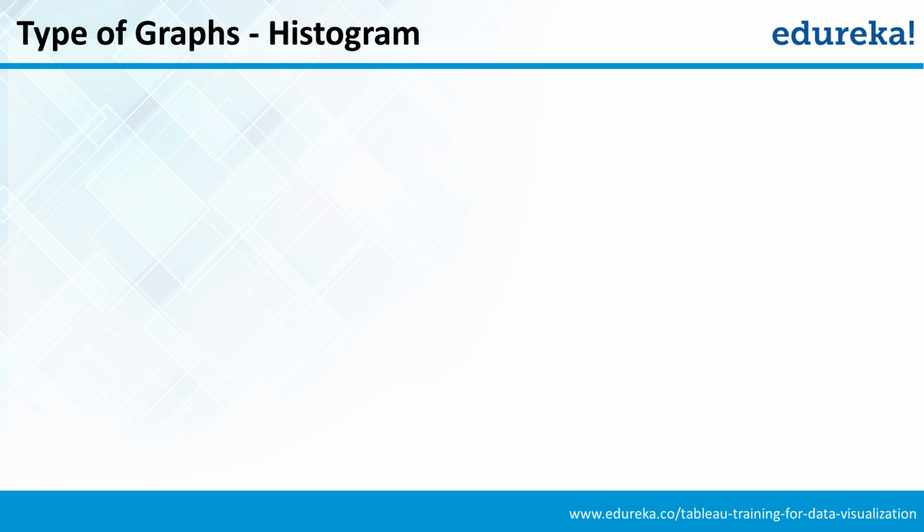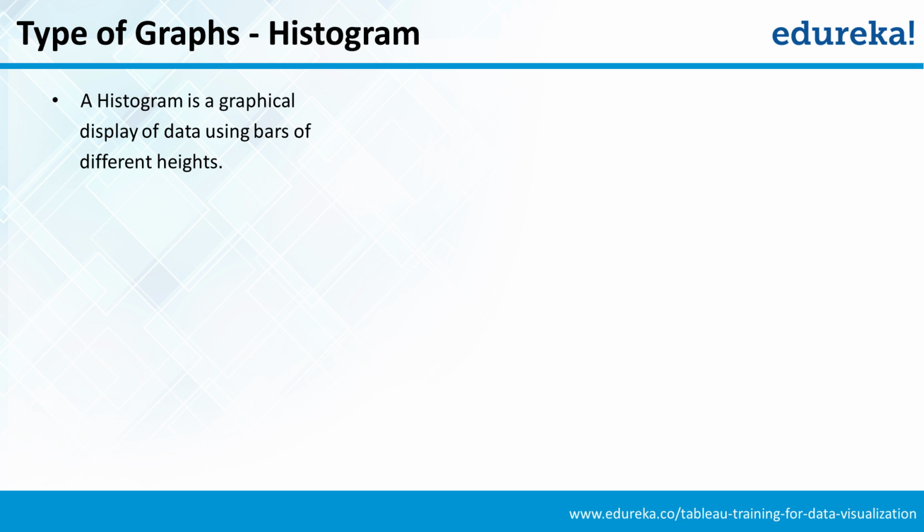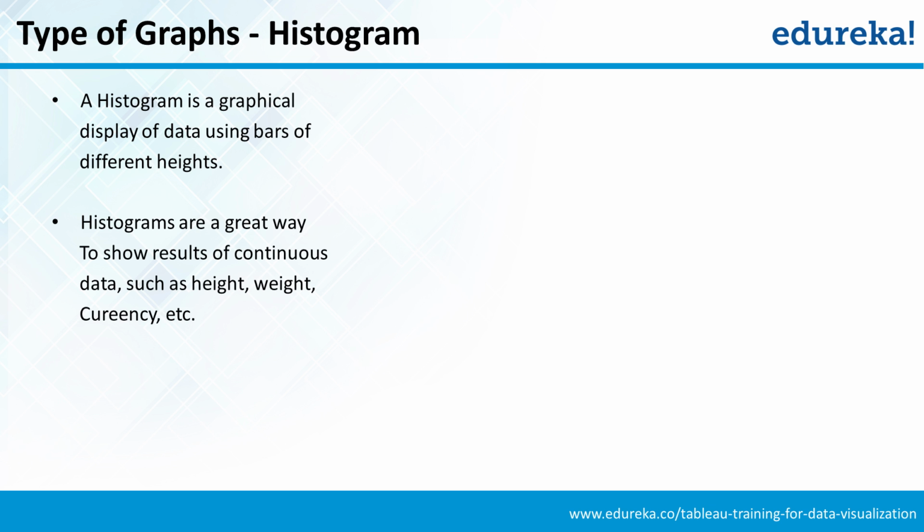Okay. So let's learn about histogram. What is a histogram? A histogram is a graphical display of data which uses bar-like notation. So we create a bar graph sort of chart. It looks very similar to a bar graph, but it is used to figure out the distribution of data.